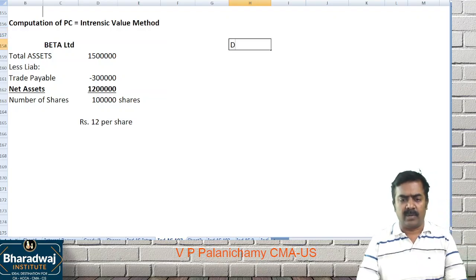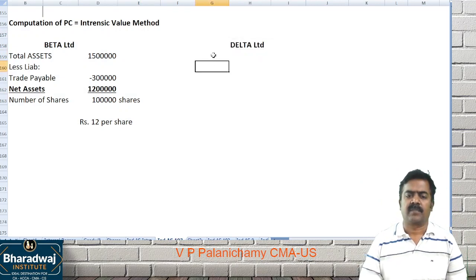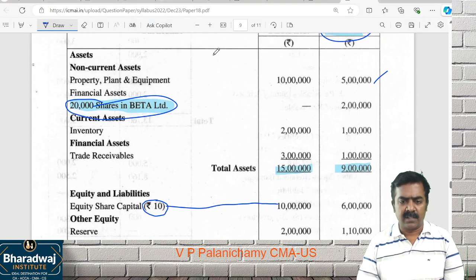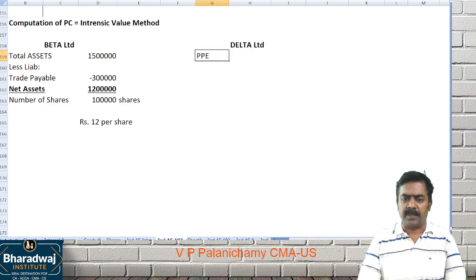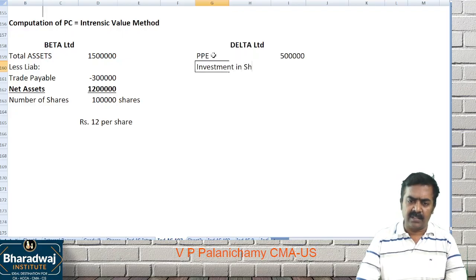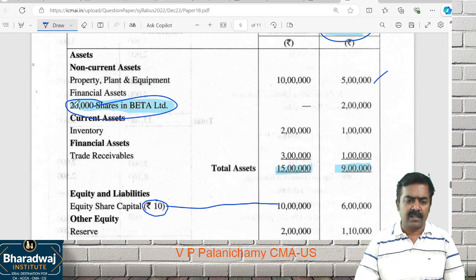Now, while working out Delta Limited, you have to be very careful. Why? Because PPE, plant property equipment, is 5 lakhs. Investment in shares of Beta. How many shares are they holding? Will you take 20,000 shares at 2 lakhs value?